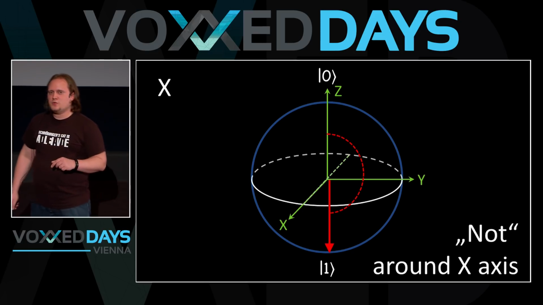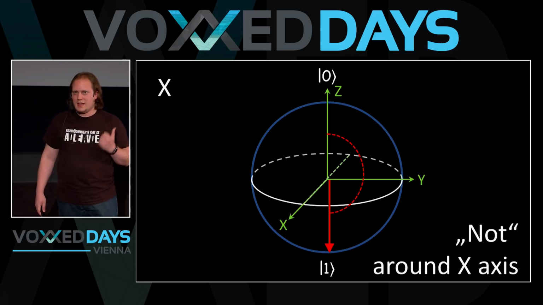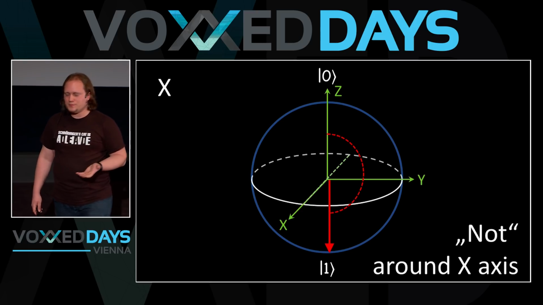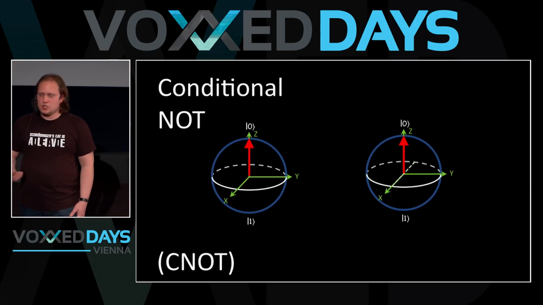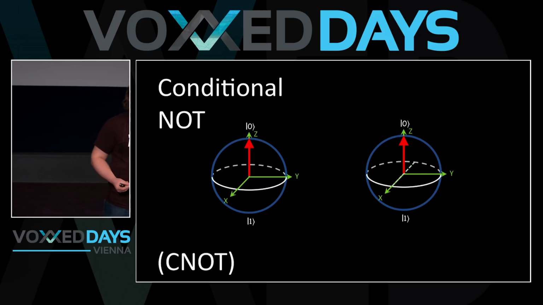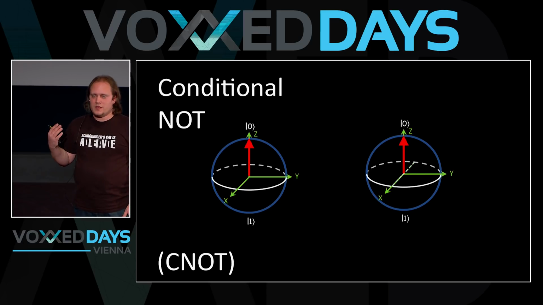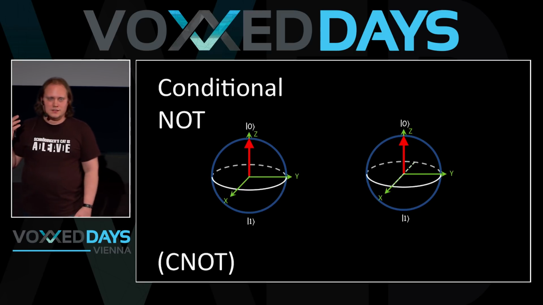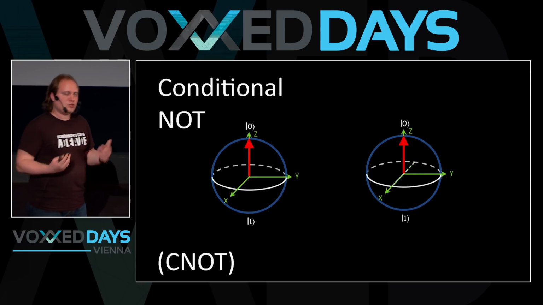It gets exciting when you combine this X gate with a condition, and that's called the conditional NOT, or the C-NOT. Now this is a 2-qubit quantum gate, and let's imagine that this gate here is our measure gate, our control gate.